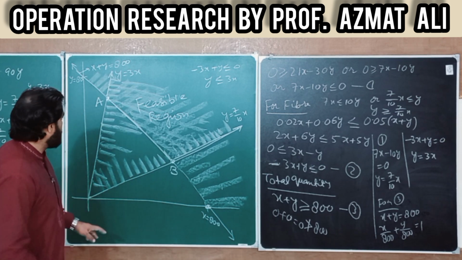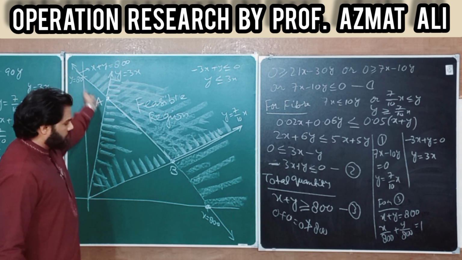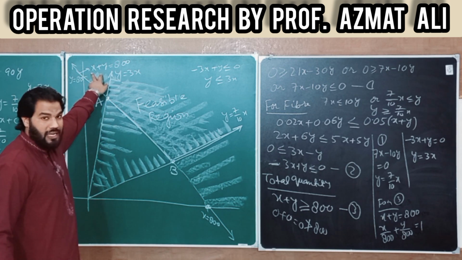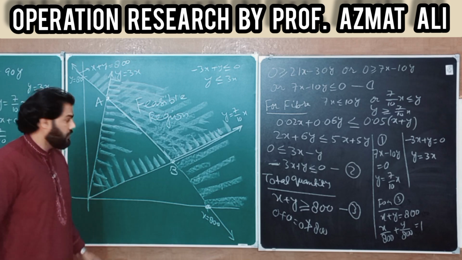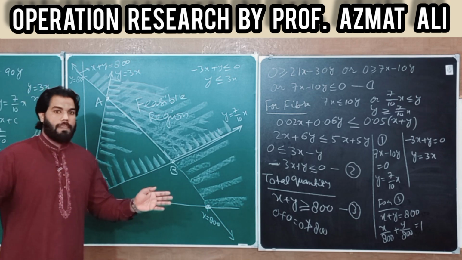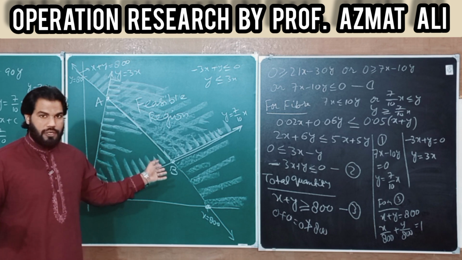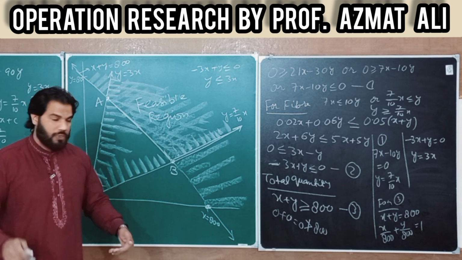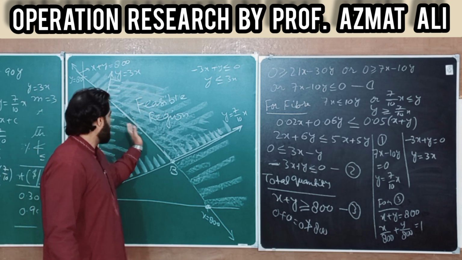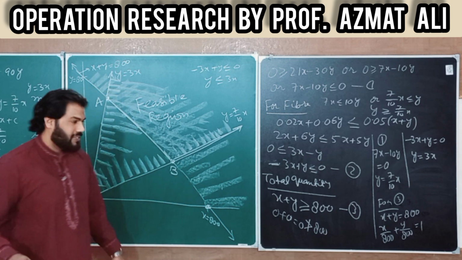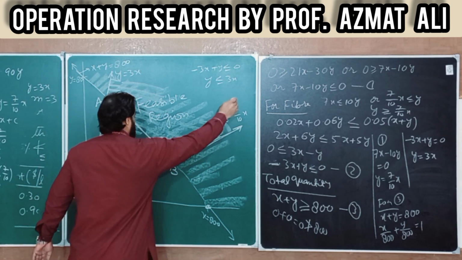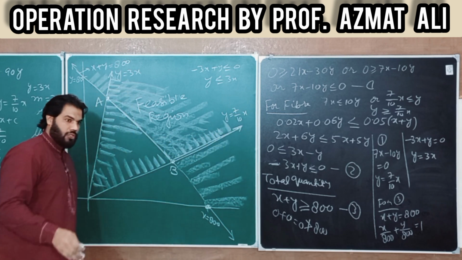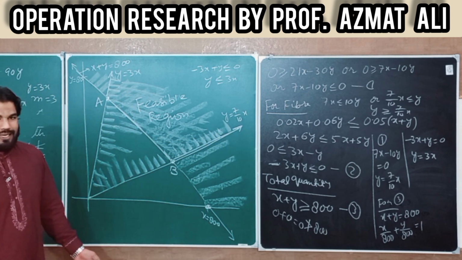I again repeat all of these. In the first case, our inequality was x plus y greater than or equal to 800, so the graph is above this line. In the second case, our inequality is y greater than or equal to 7 by 10x, which passes through the origin, so we cannot take an x intercept or y intercept.